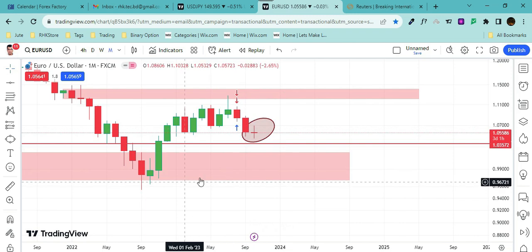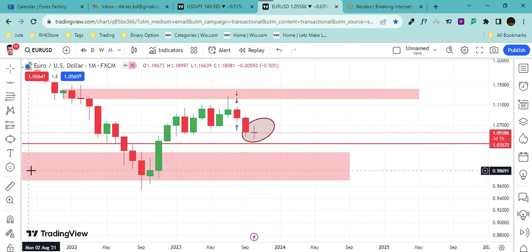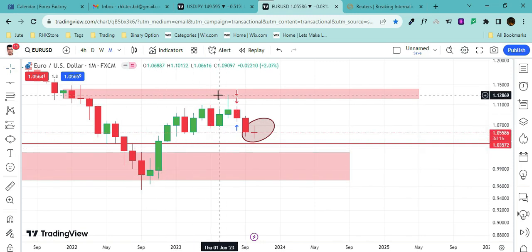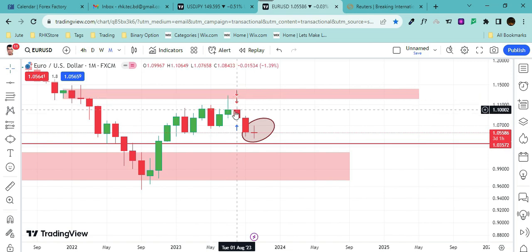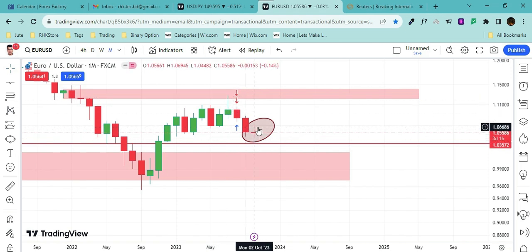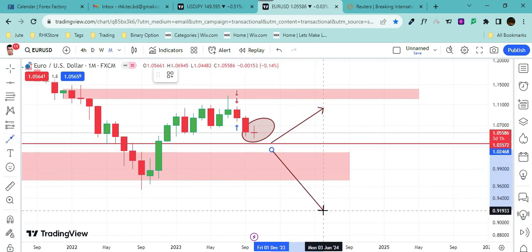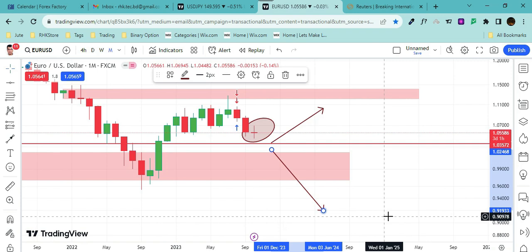Of course, we will consider the whole structure, but we can make a clear decision that the market was coming down, then it moved upward, the price rejected here very much, and it is coming down again. So whether it will hold here or move upward or downward, and what is the probability of that, we would like to see.